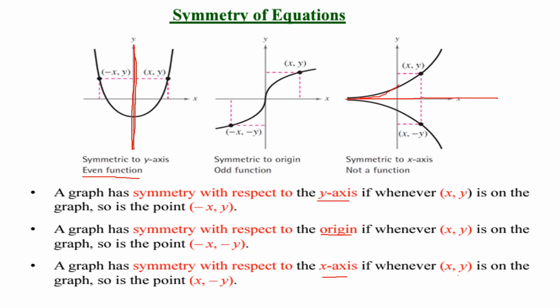The image of the graph is the same above and below the x-axis. So we can say the graph is symmetric with respect to x.